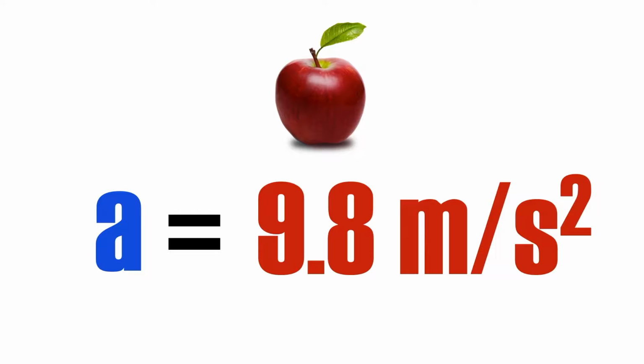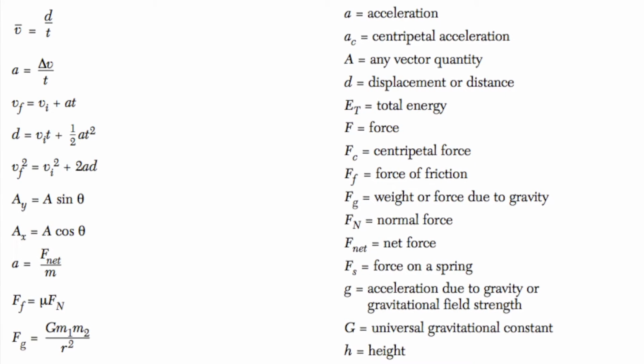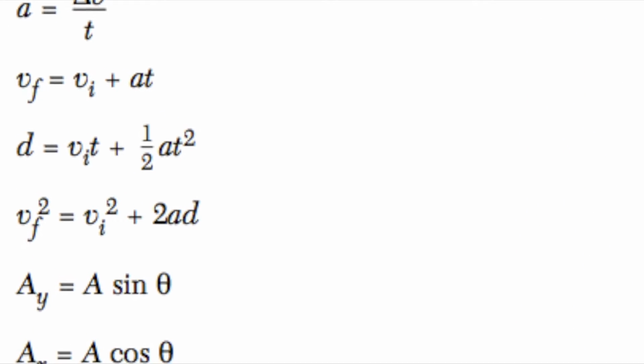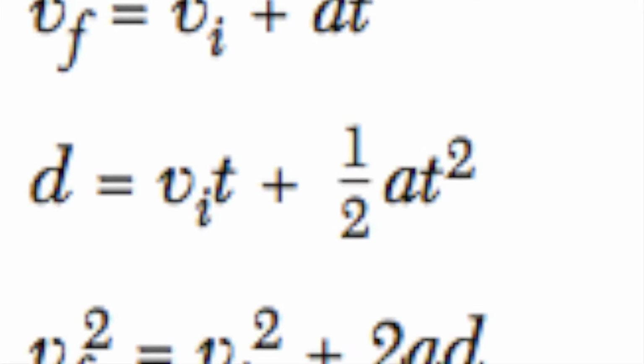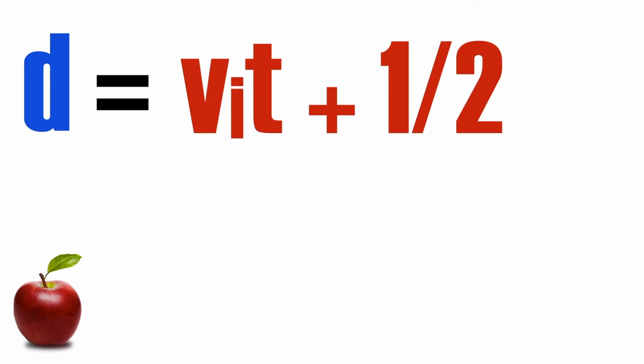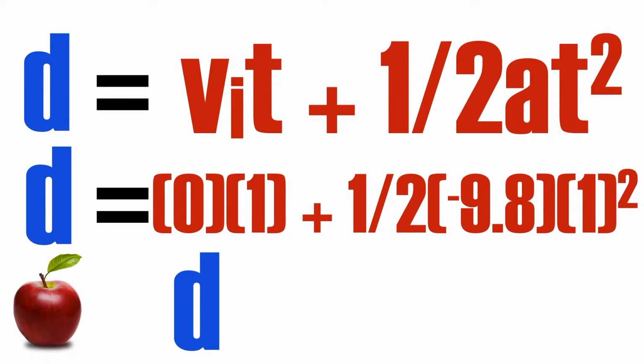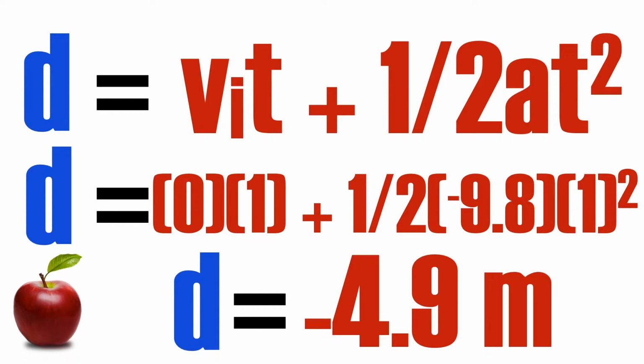But since the apple is falling, the acceleration is actually negative 9.8 meters per second squared. Now, using our handy-dandy reference table, we can use the formula d equals v_i t plus 1/2 a t squared to determine the apple's displacement. So substituting our values into the equation, we get a displacement of negative 4.9 meters.